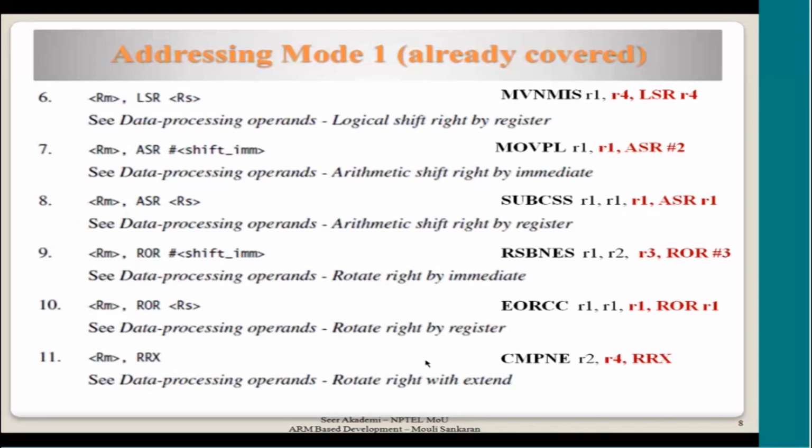That means the carry flag comes into the MSB and the LSB goes into the carry flag. The compare instruction, if you recall, compares these two values. Effectively it subtracts them and all the flags are affected based on the result, but none of these operands get impacted because of this subtraction, and it is done based on the condition here.